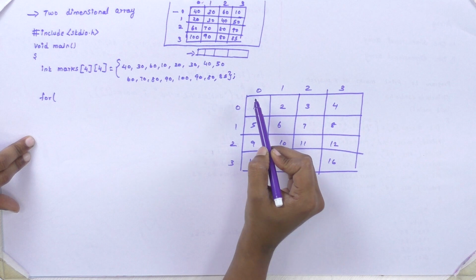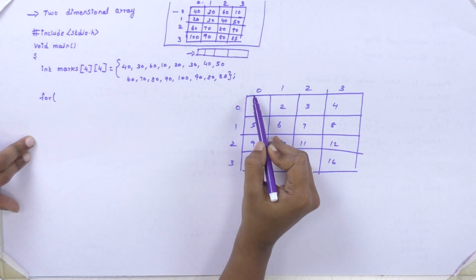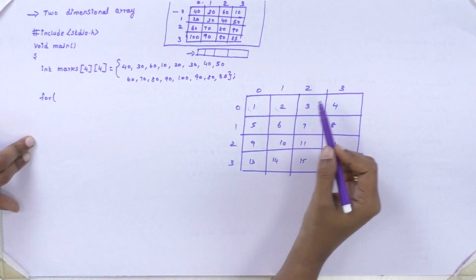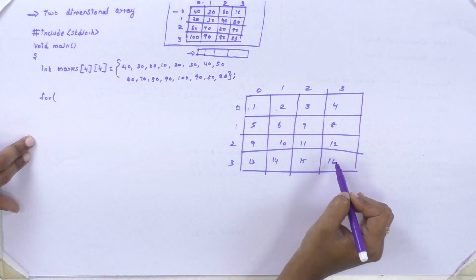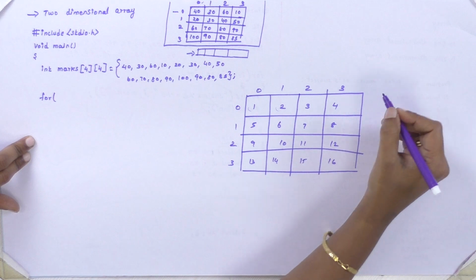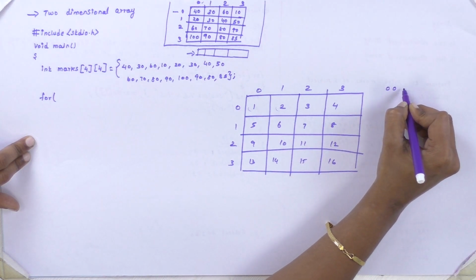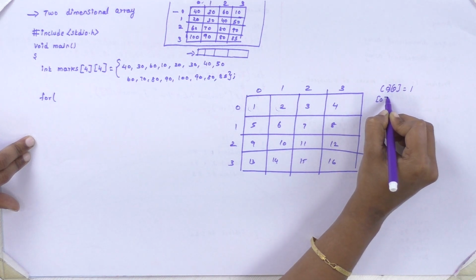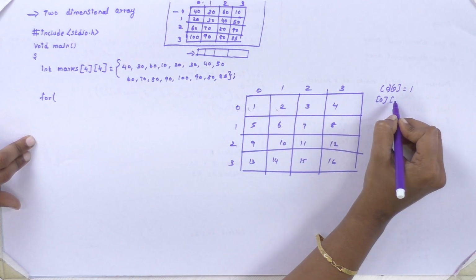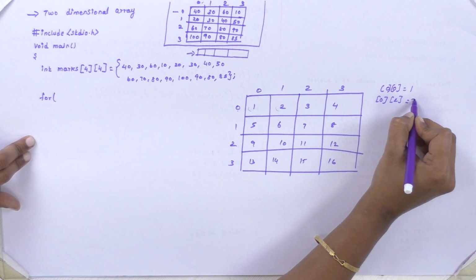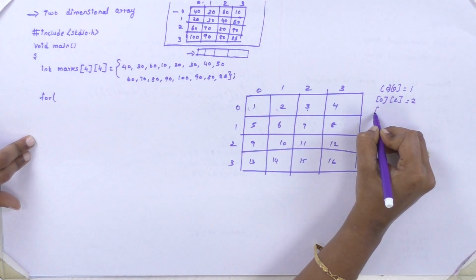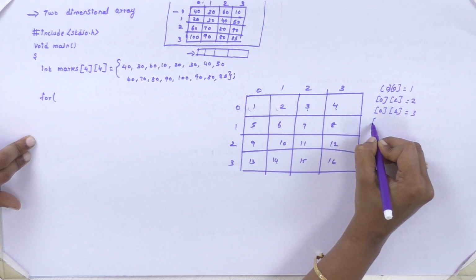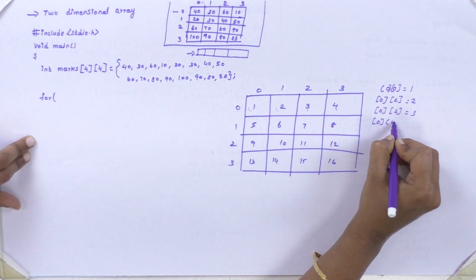For 0, 0 the value will be 1. For 0, 1 the value will be 2. Likewise, if I want to print these values, my index format should be 0, 0 represents 1, 0, 1 represents 2, and the next represents 3, and the next represents 0, 3, which is 4.